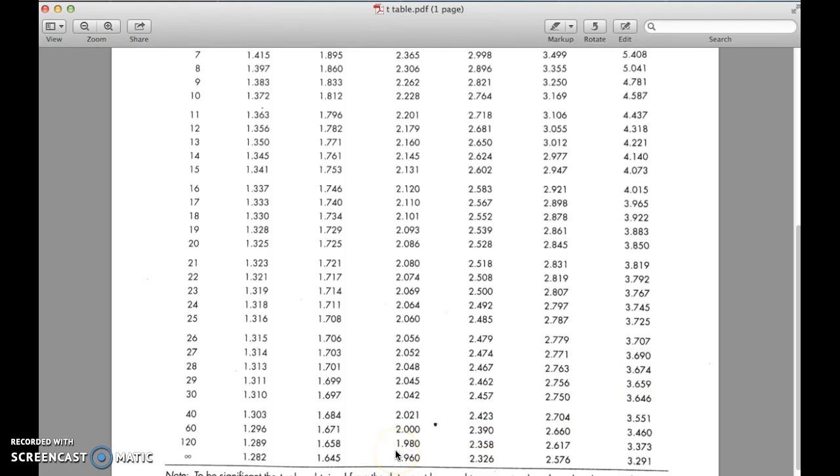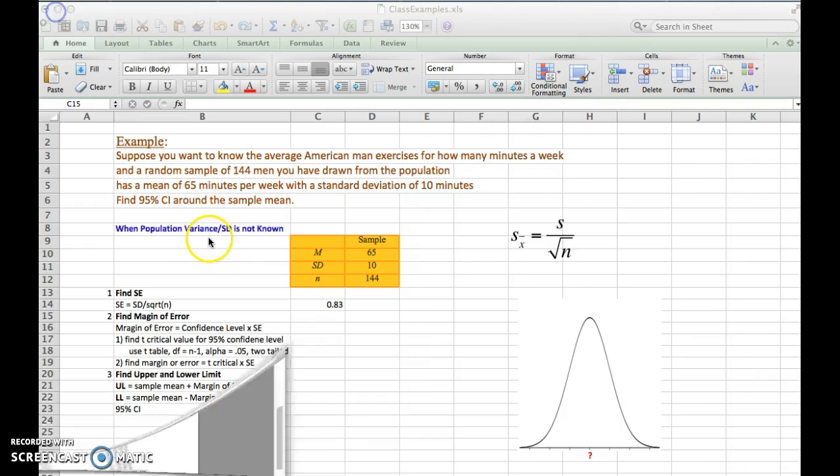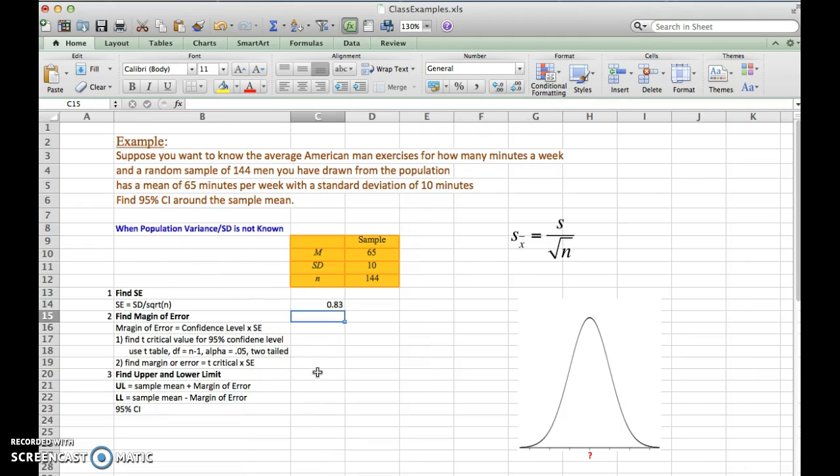So to be on the safe side, we'll use the degrees of freedom of 120. And the t-critical value is 1.98.